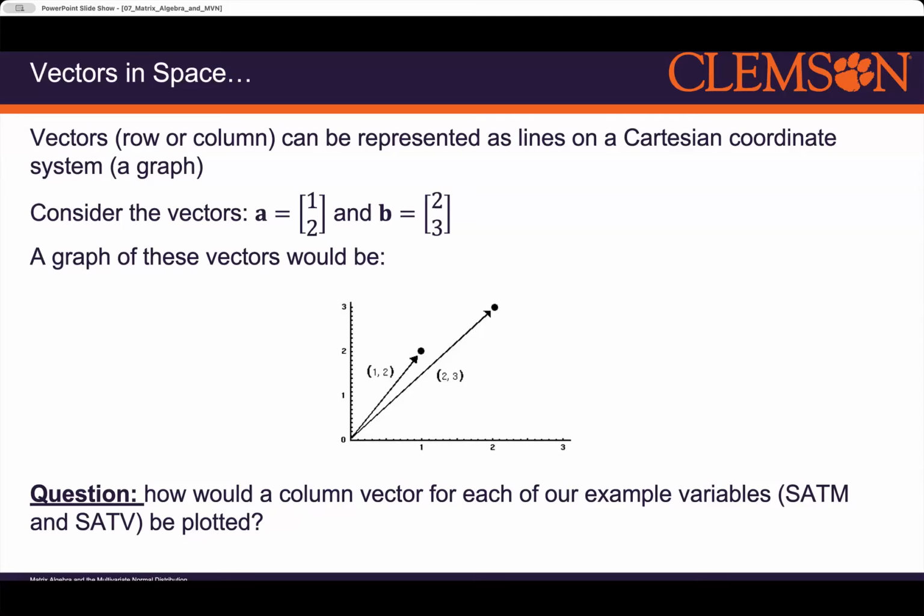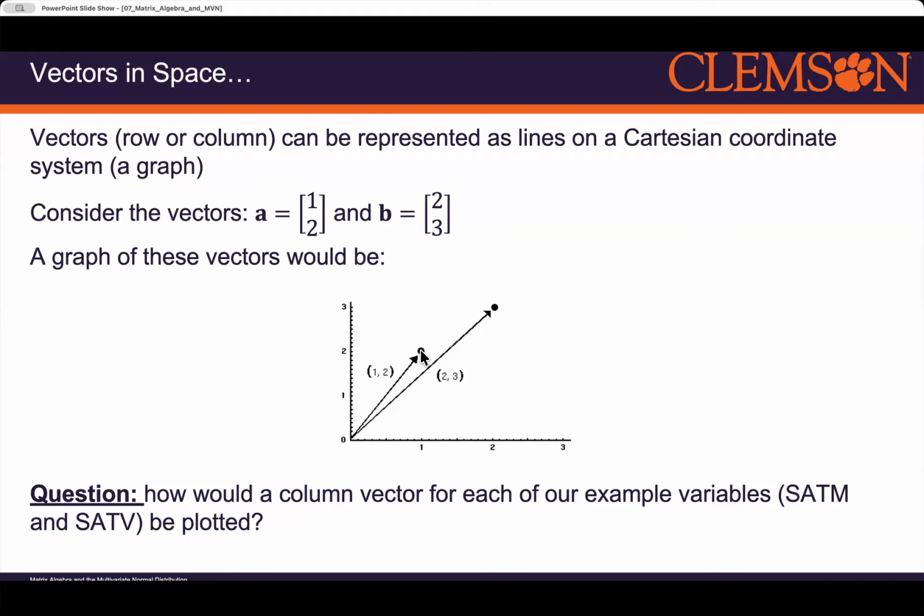This is just by convention, I'm calling them column vectors. We can think of vectors as being a dot at those coordinates. So let's imagine we have a Cartesian graph here, and 1, 2. The first element would be the value of the first dimension, or the x-axis, and the second element would be the value on the y dimension. So we put a dot right there.